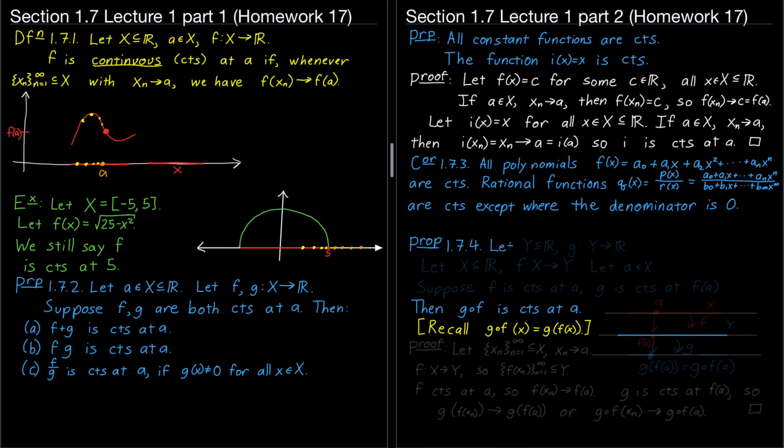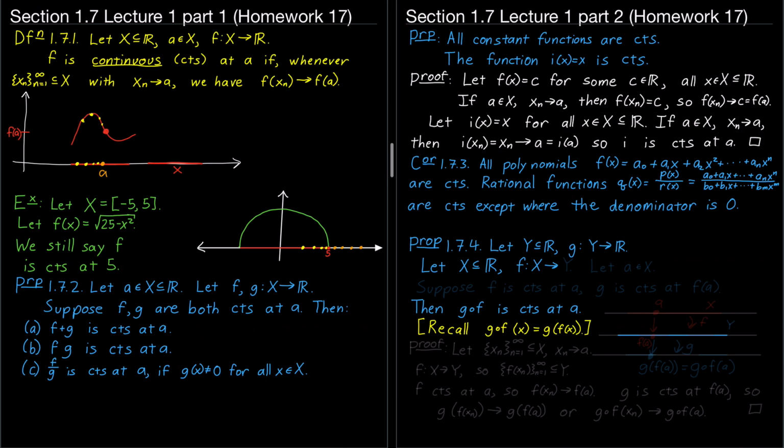Let's let Y be a subset of the real numbers and g is a function from Y into the real numbers. And let's let X be another subset of the real numbers and f be a function defined on X. So far we've just got two functions, g and f, and their respective domains, Y and X. But we want to talk about g composed with f.